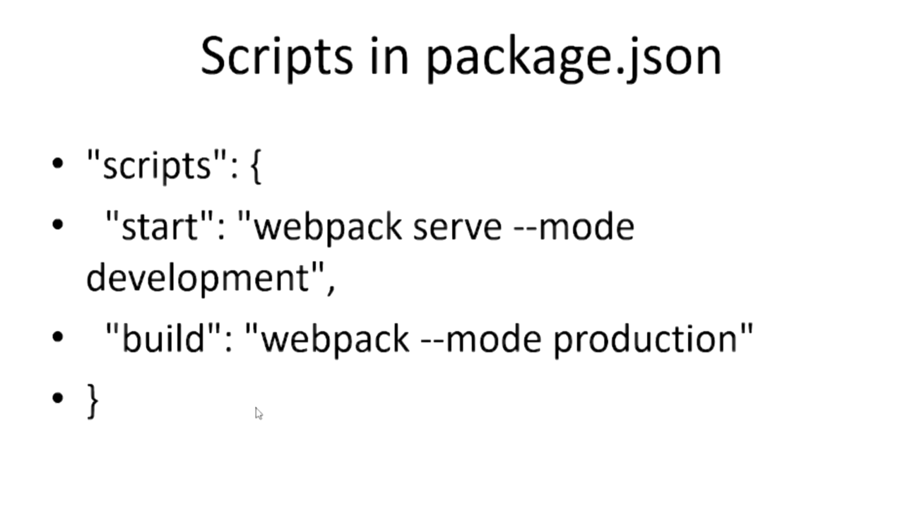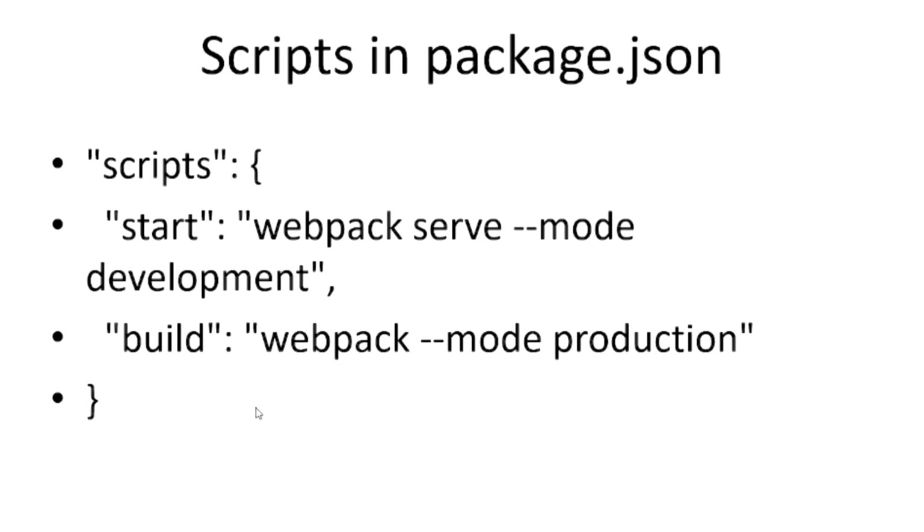Then how can you add scripts in package.json? You have a package.json file when we create our React project using CLI. There is a scripts section, where you can write start and build. Start means when you enter npm start, it will take the command written there, webpack serve --mode development, so it will run in development mode. And if it is build, then it will run in production.